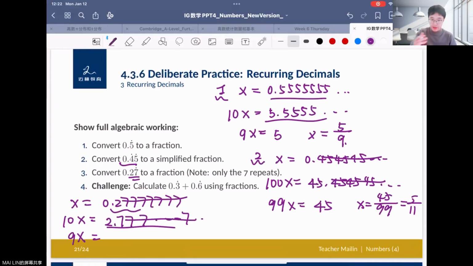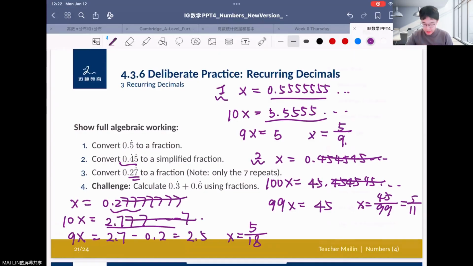So the final answer is 2.7 minus 0.2 equals 2.5. So finally, x equals 5 over 18. This is the third problem.